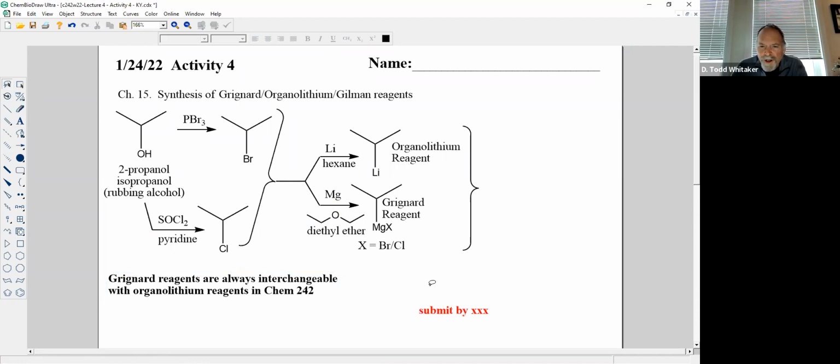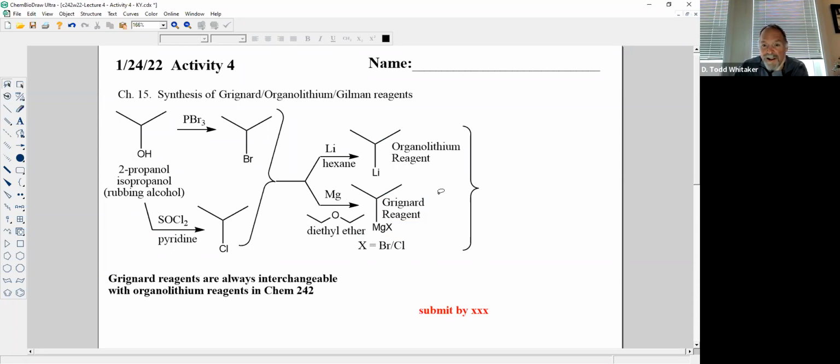And if you read the book, it talks about why you need the lone pairs on that solvent, and you don't want a solvent that's got a proton attached to O, because these guys not only do things with ketones and aldehydes, but they also are very strong bases. They're the strongest bases you can think of.